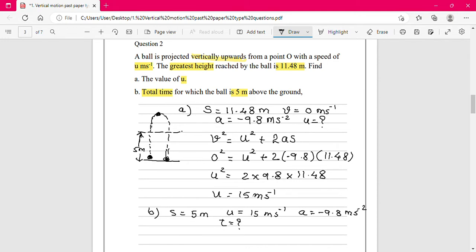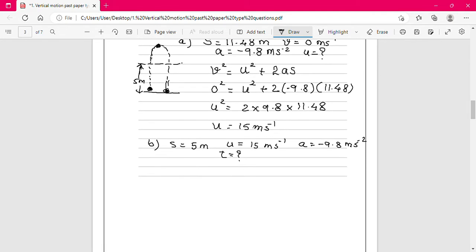So which is the equation that you can use here? Yes, tell me. Since you have to find out t, that means you'll use s is equal to ut plus half at square. s is 5, ut 15t plus half into negative 9.8 t square.